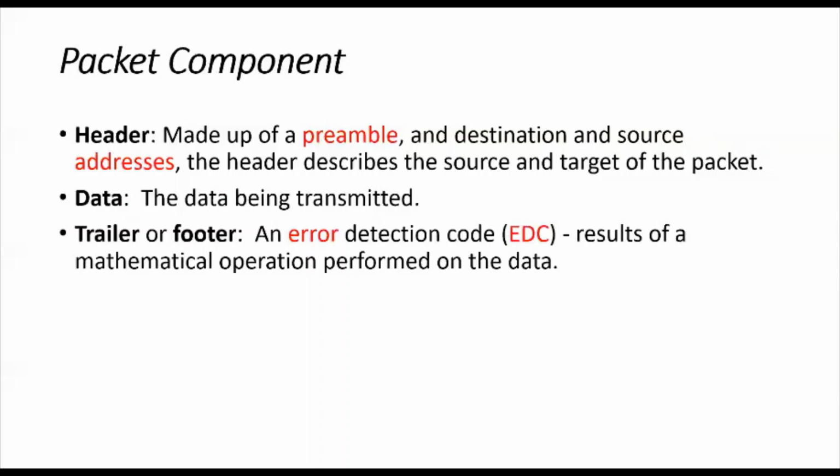The receiver will understand where the packet is coming from by looking at the source address, and when this packet is forwarded by the connecting devices, they will look at the destination address and know to which network the packet has to be delivered, or to which site of the network the data should be transmitted.